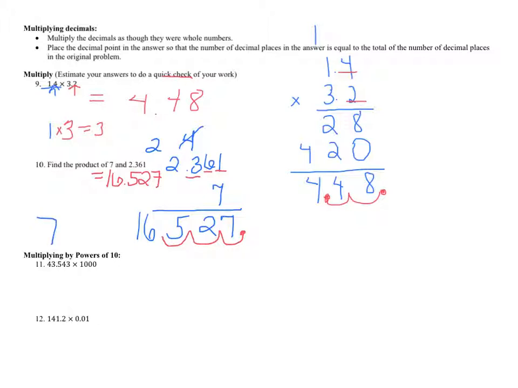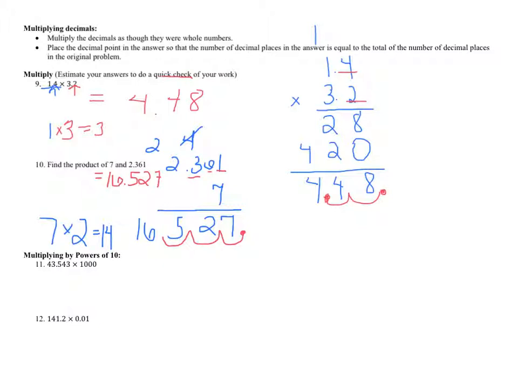But for the 2 and 361 thousandths, I'm going to round it to the nearest whole number, so I'm looking at the 3 in the tenths location, which tells me to keep the whole number where it is at 2. So I'm going to do 7 times 2, which we know comes out to 14. Well, I would say that 16 and 527 thousandths is close to that 14, so that's a good check that we got our answer correct.